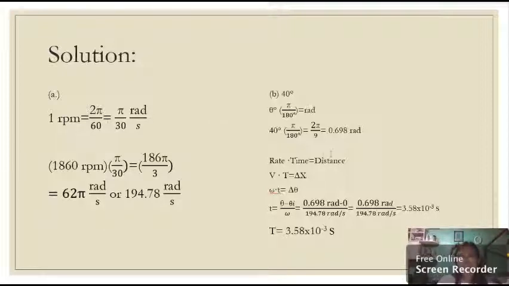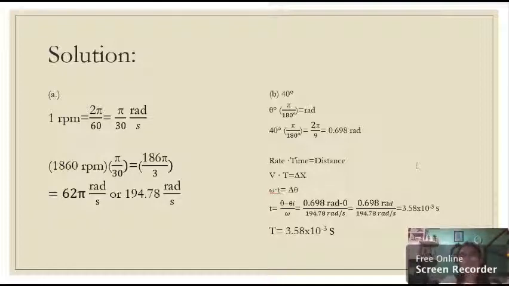So for us to solve for time, remember the formula: rate times time is equal to distance, or velocity times time is equal to displacement. So we're going to use omega times time, which is equal to change in theta. So the formula in computing time is equal to change in theta over omega. Here in our problem, the initial omega is 0, and the theta is 0.698 rad.